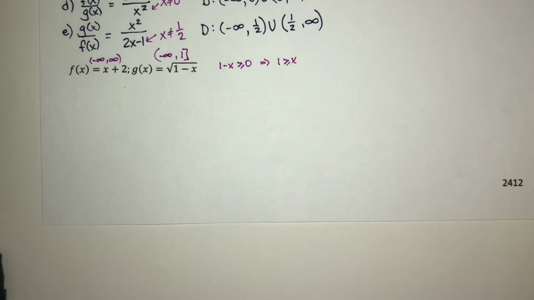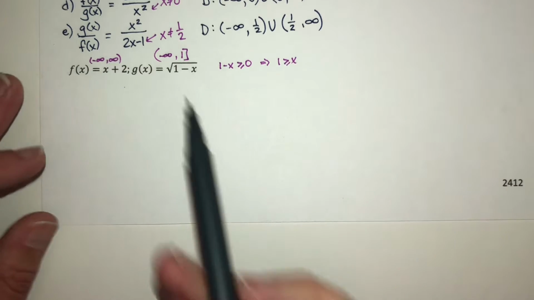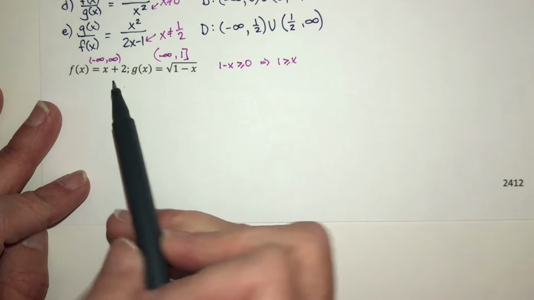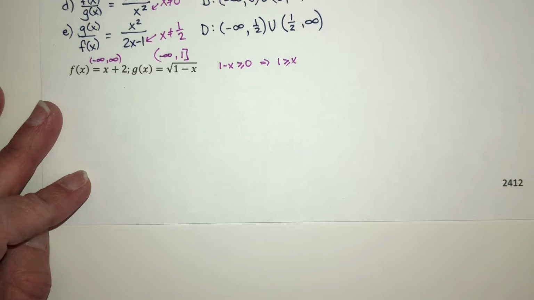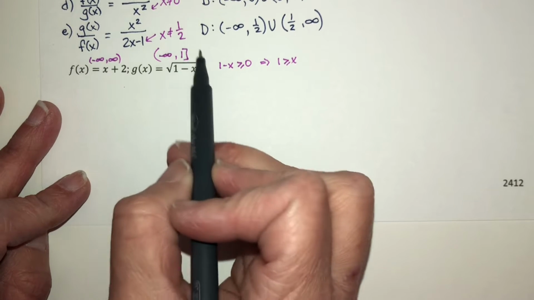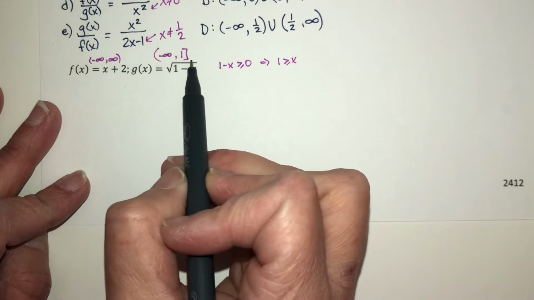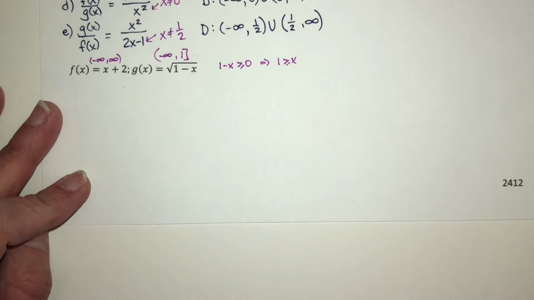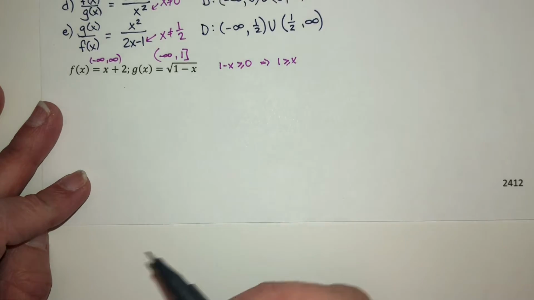Okay? So what this means is if I'm using these two with addition, subtraction, multiplication, or division, then my domain will be at least this restricted. I might have to add more restrictions, but it's at least going to be this small.